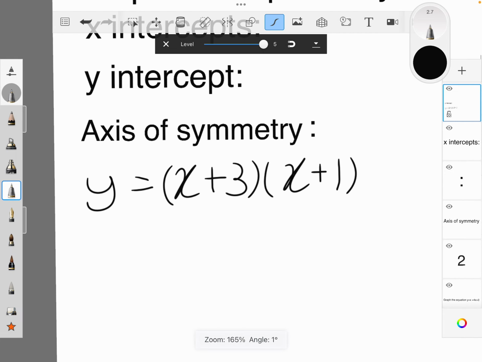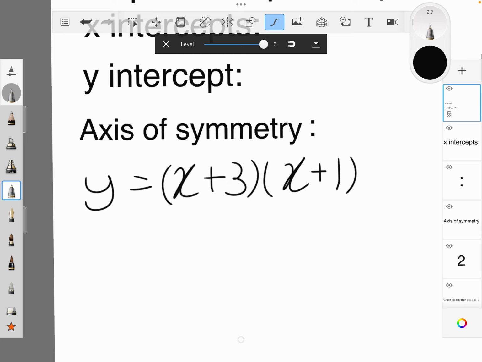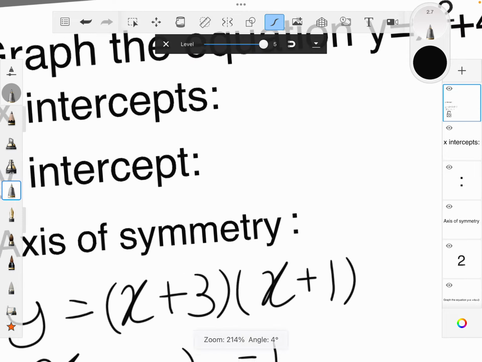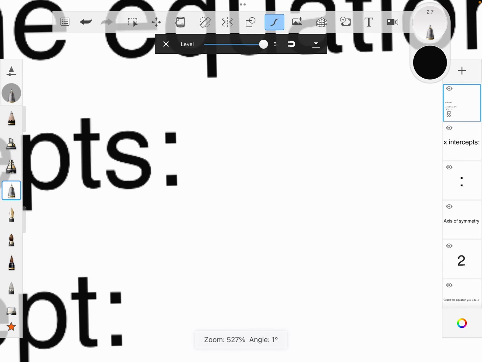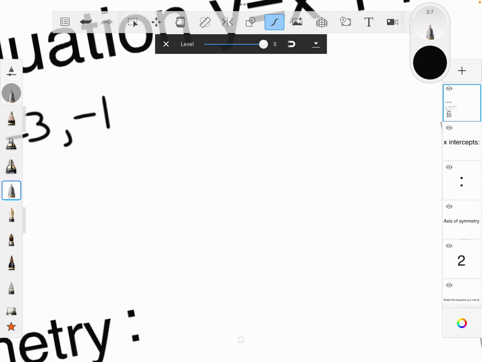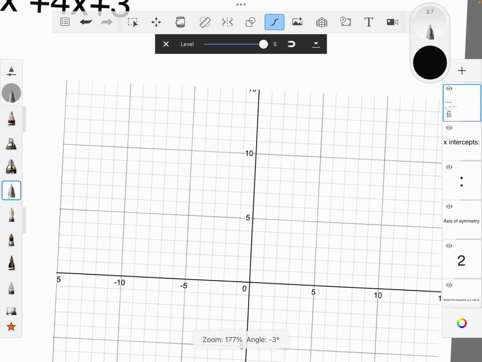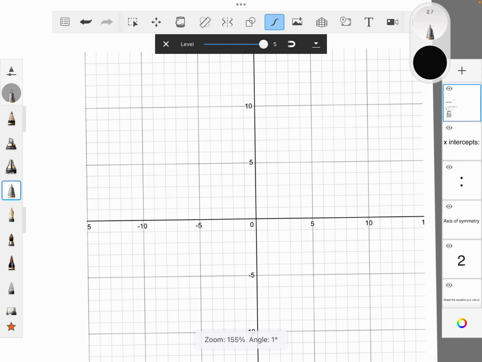Now we can just solve for this. If we solve for it, we'll get the answer of x being -3, and the other x value is going to be -1. So, the x-intercepts are -3 and -1. Now let's graph that on our graph.